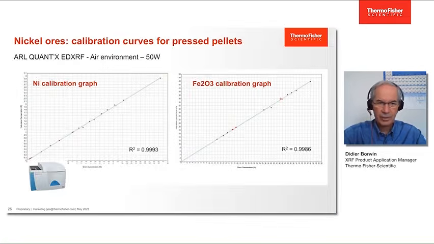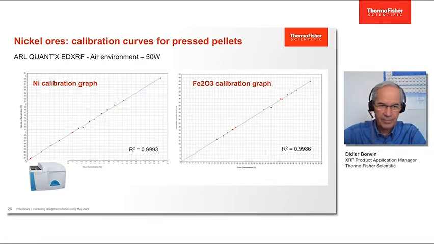So here are calibration curves for nickel and iron. The X-ray fluorescence of nickel and iron is not absorbed by air, and therefore no trouble. We can align very nicely our calibration points, our calibration samples.